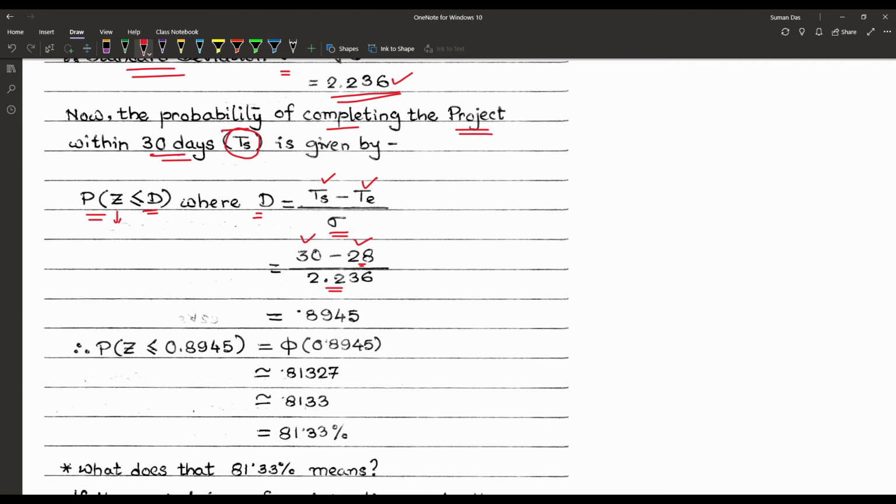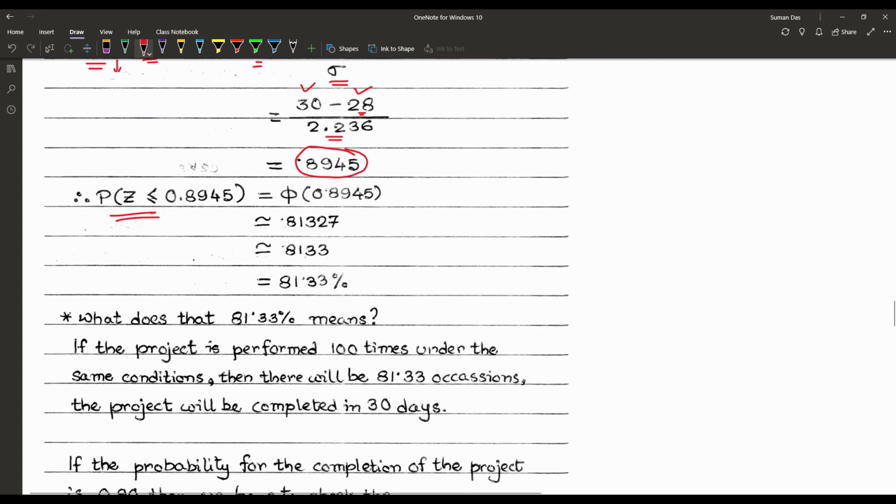Already we have found that. So that is our D, 0.8945. So we have to find Z less than or equal to 0.8945, that is equal to phi of 0.8945.